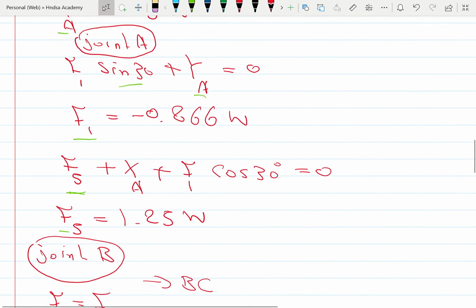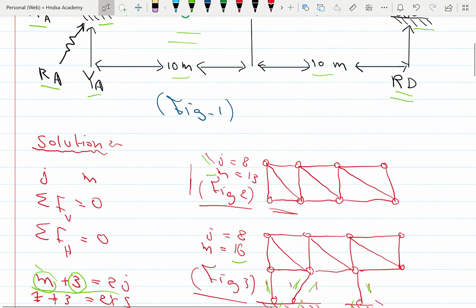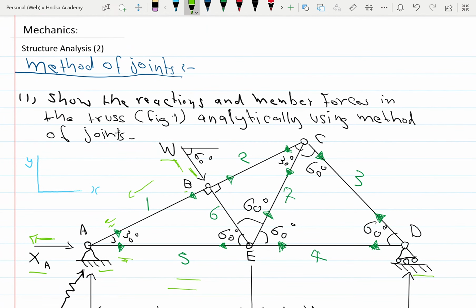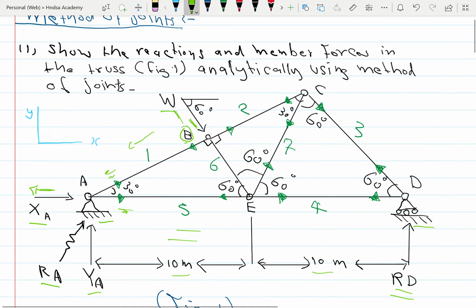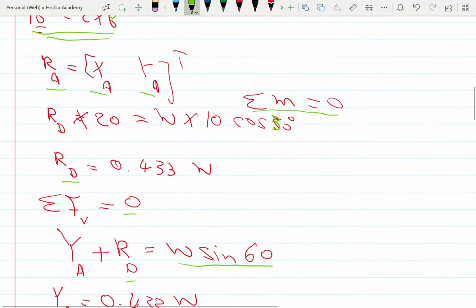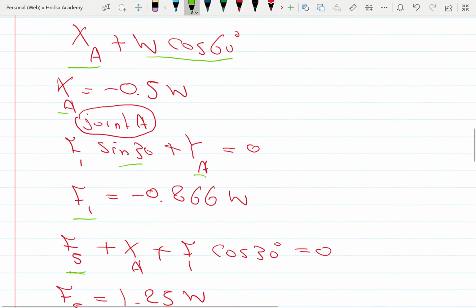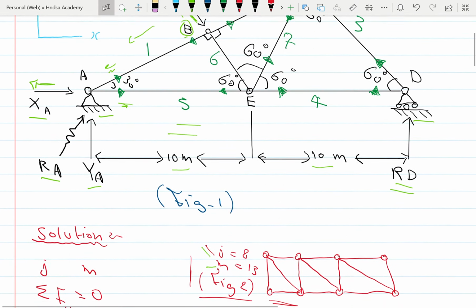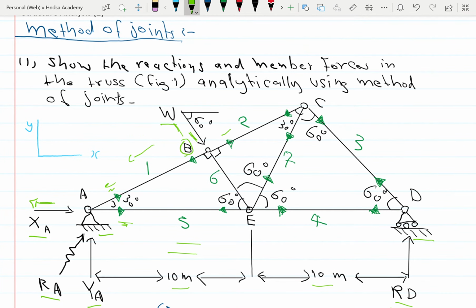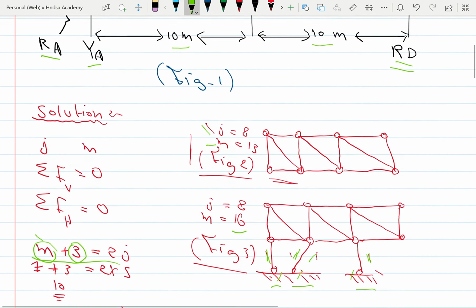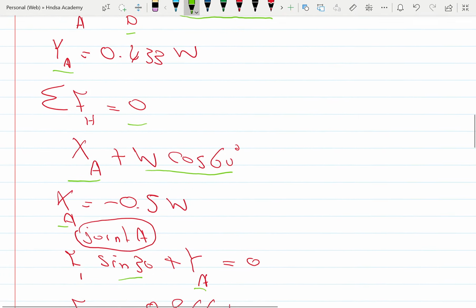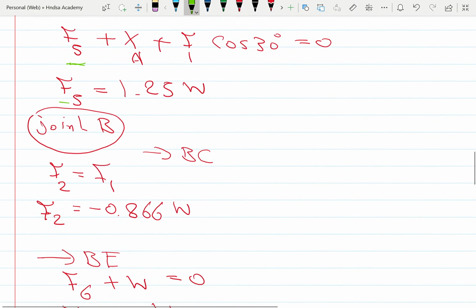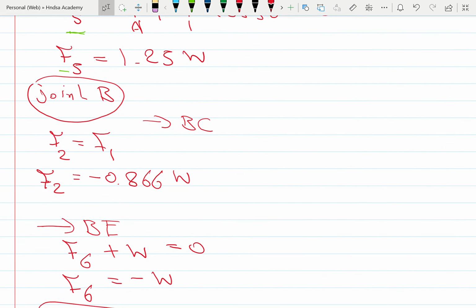And we go to joint B here. So again, in joint B, we have to find force 1 towards B, and also force 2 and force 6 for joint B. We'll find it in the same way as A. So we know that F2 equals F1 because they are opposite each other.